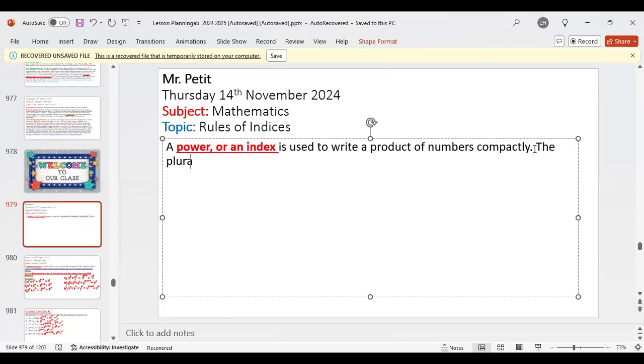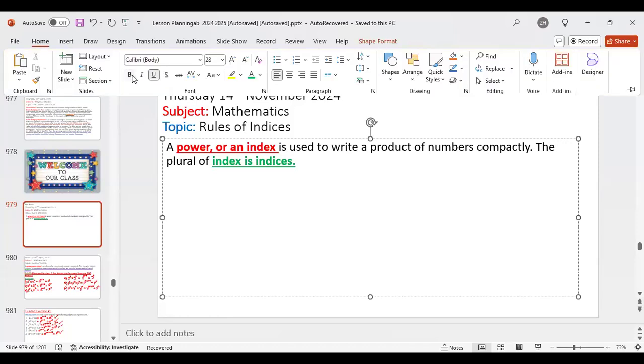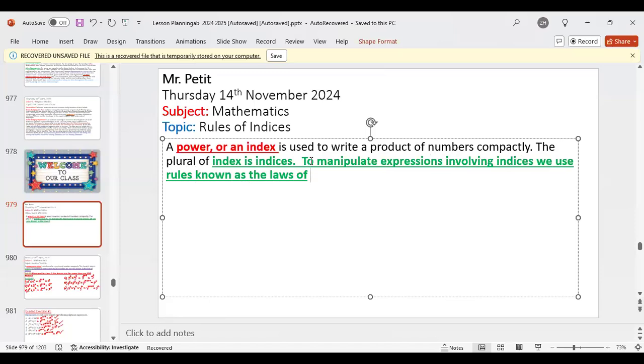The plural of index is indices. Now, to manipulate expressions involving indices, we use rules known as the laws of indices.